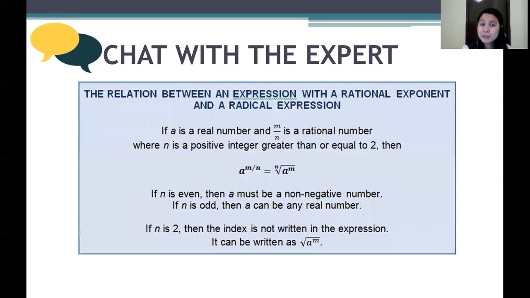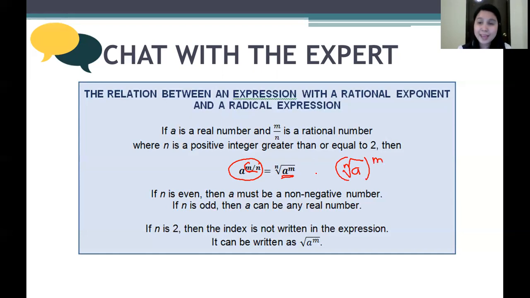Now, what's the relationship between the rational exponent expression and the radical expression? Just like what AP mentioned a while ago, for a to the power of m/n, the numerator, the exponent, will go with the radicand. So it's a to the m power, or it can also be written like this.